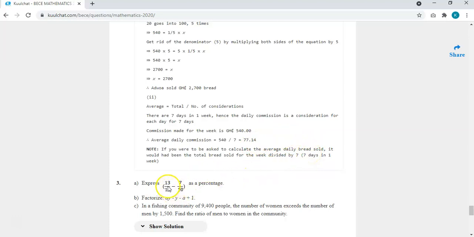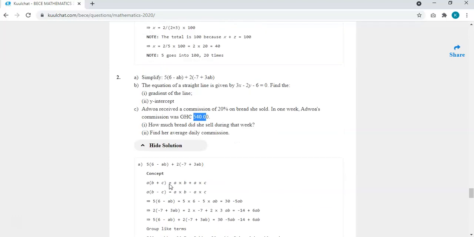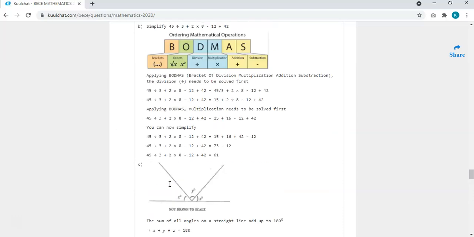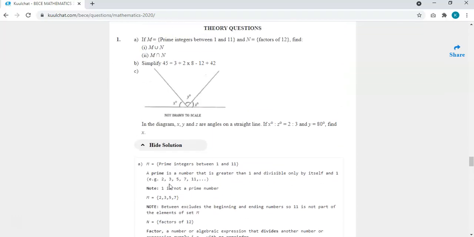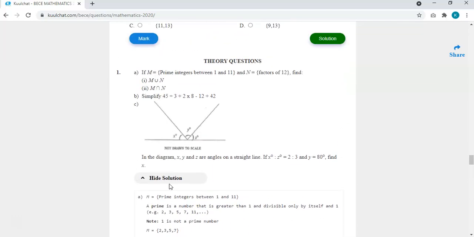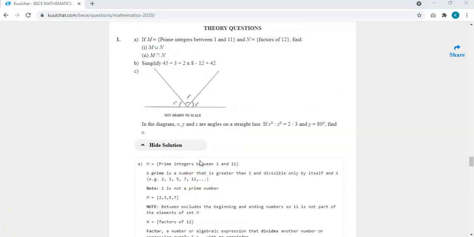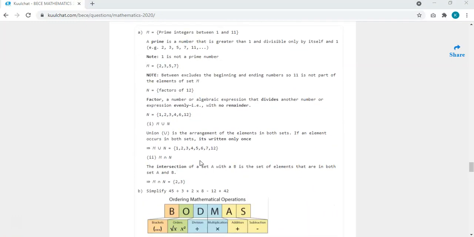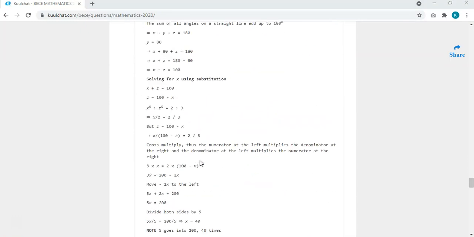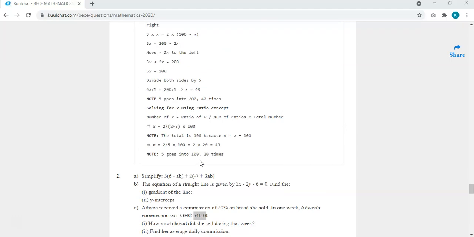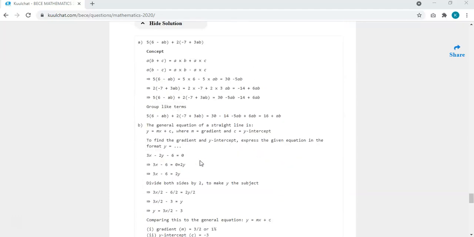Like we did in our objective, we solved some in section A. You find the LCM of the denominators, then you use it to simplify.